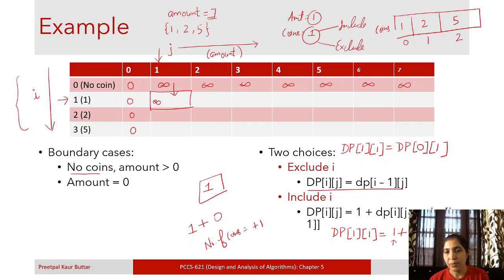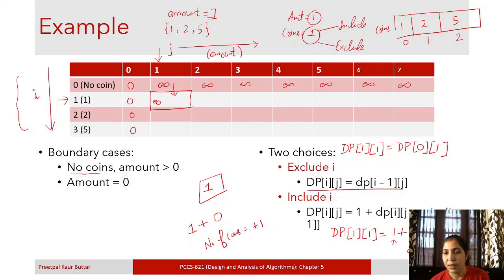So it is saying the number of coins you needed to make up the rest of the amount. So it is dp i, 1 minus coins i minus 1.